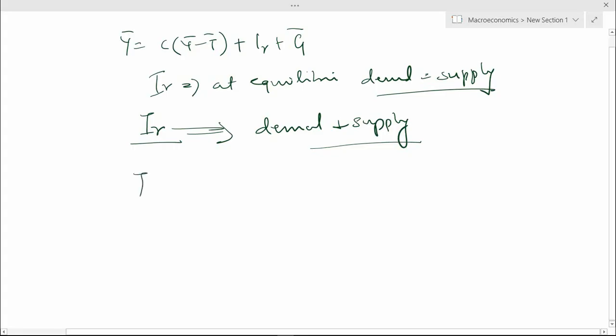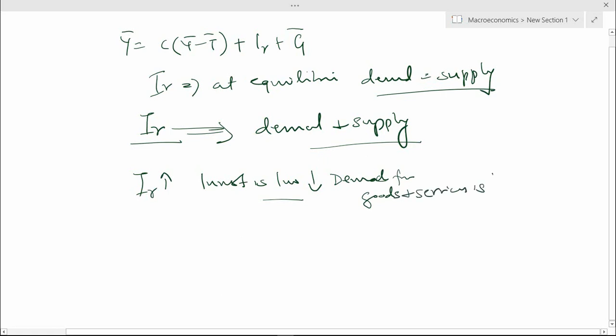So if IR is at a higher rate, we saw when IR is high, investment is low. What it means when investment is low is that your demand for goods and services is low.